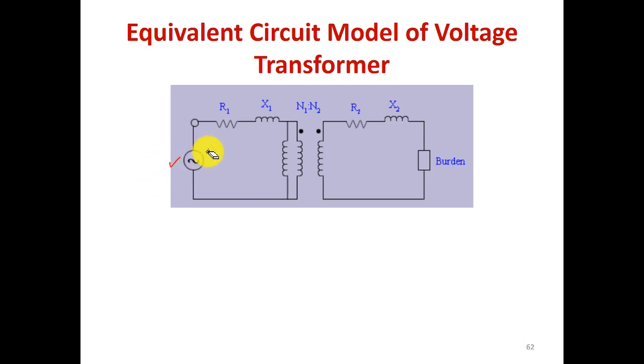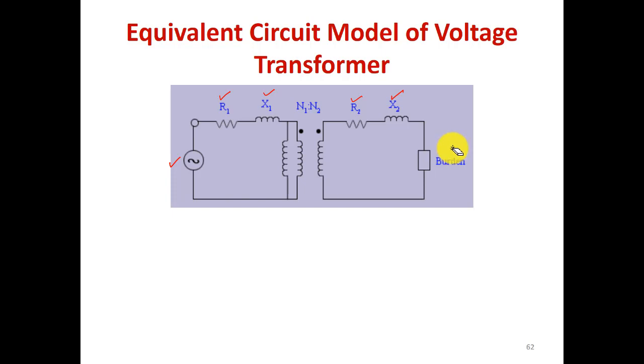A voltage source is connected here in the equivalent circuit. Here R1 and X1 are the primary side resistance and the reactance. X1 is the leakage reactance, and N1, N2 are the turns ratio. R2 is the resistance of the secondary side, X2 is the leakage reactance of the secondary side.